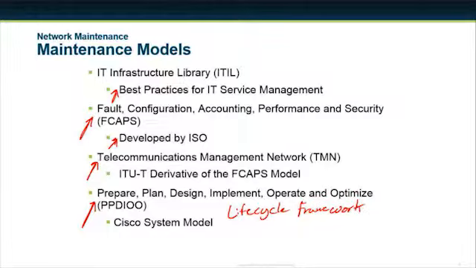So I know a lot of details about the PPDIOO because I have been doing design and architecture for a while. And also through the CCDP program, which, by the way, once you complete the CCNP, to get a CCDP is just one exam, so you might consider it.